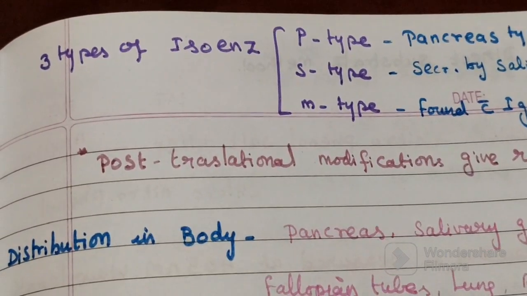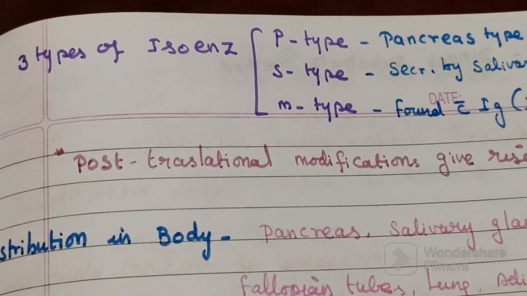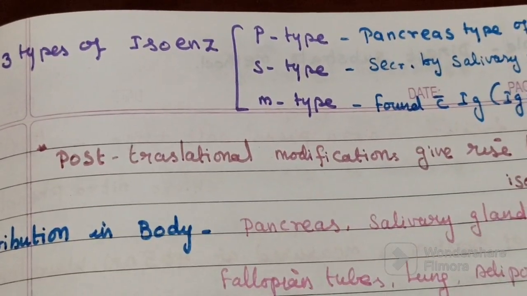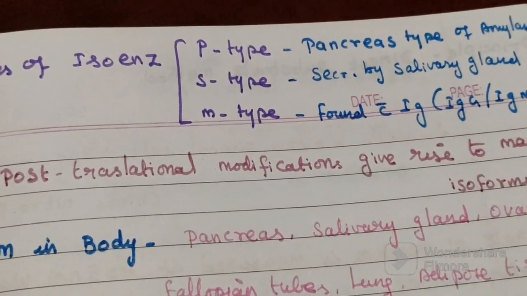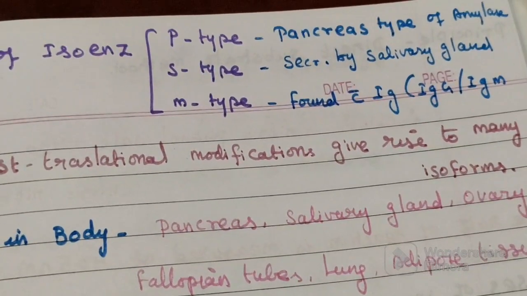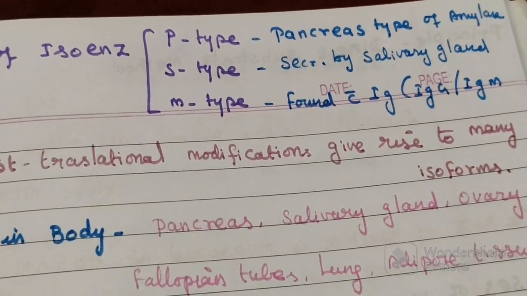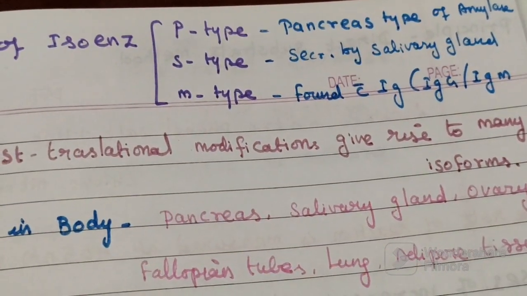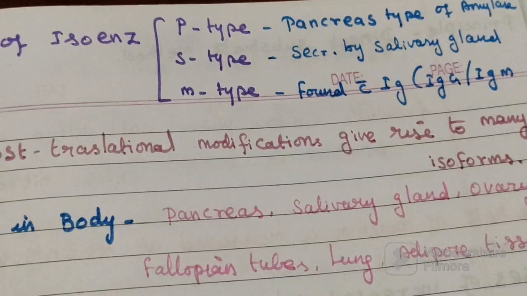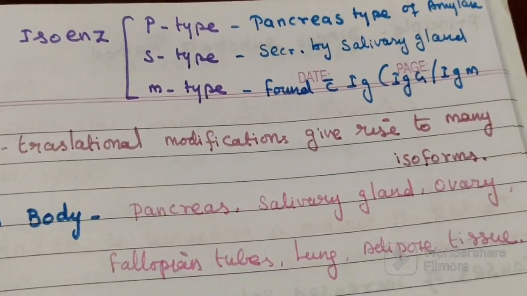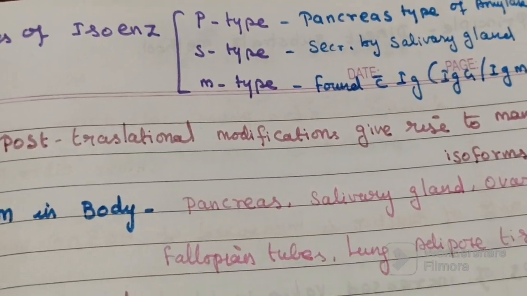Amylase has mainly three types of isoenzyme: P type, S type, M type. P means pancreas type of amylase. S is secreted by the salivary gland, so S type. Then macroamylase, amylase moiety found with immunoglobulin IgG or IgM.